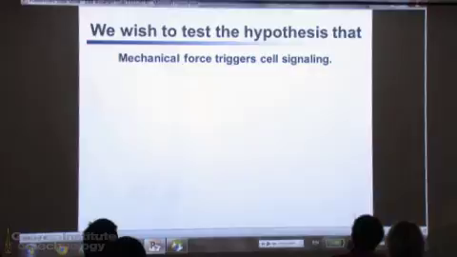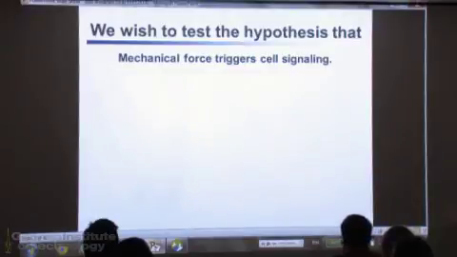If you want to demonstrate that mechanical force triggers cell signaling, the previous image and much work following that already tells us this is correct. So the hypothesis has been validated, because when you expose the cell to wall shear stress or many different forms of mechanical stimuli, you will see the response. And that response was due to signaling.